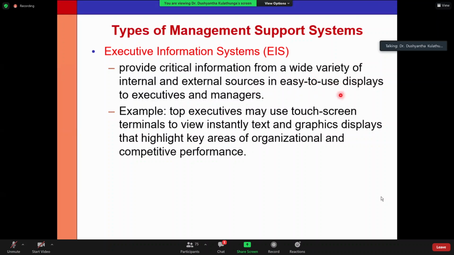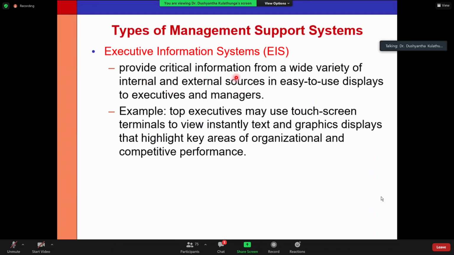That means the relevant information is displayed in a format which is easy for managers or executives to use. But before that, it says it produces critical information for decision making, which is obtained through both internal and external sources.